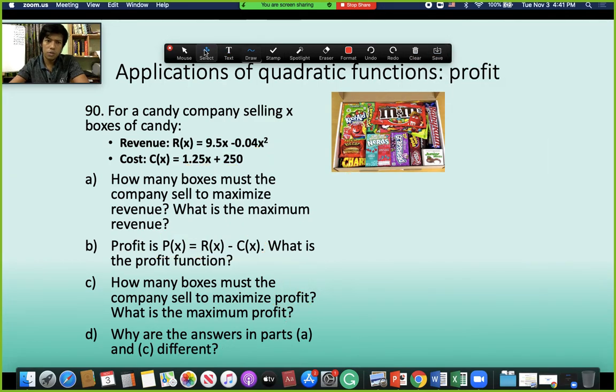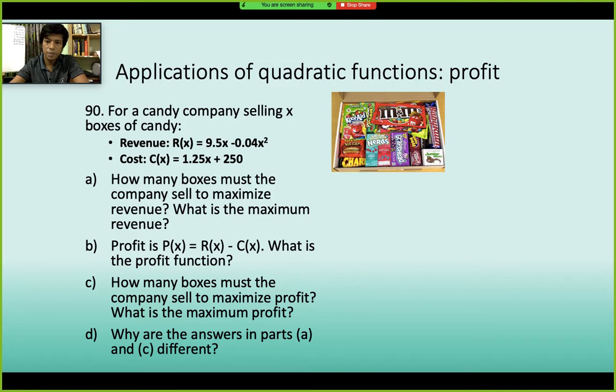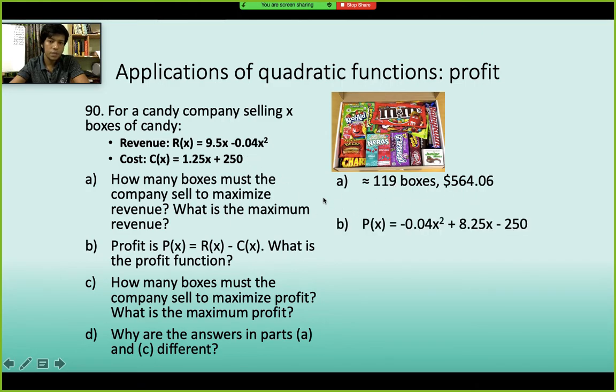Now let me show you the solution step by step. For the first one, if you use the minus b by 2a formula here, you will get 119. You may get some decimal, you have to approximate it. And if you put 119 back in the question, you will get this answer for A number. For B number, as I said, we have to write this minus this. Then if you write one or two lines, you will get this line.